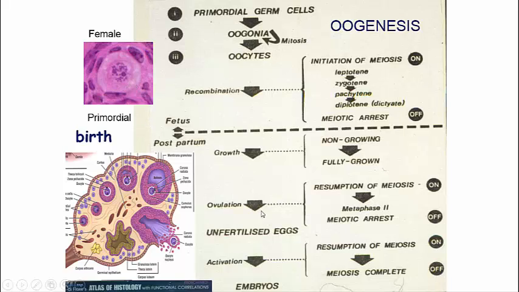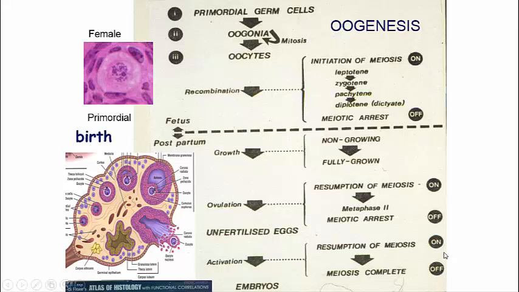If that oocyte is chosen for its follicle to be developed, it will be turned back on for the first meiotic division, and it's turned off again. So on, off, on, off. And then it won't be turned on again unless fertilized, in the second meiotic division.